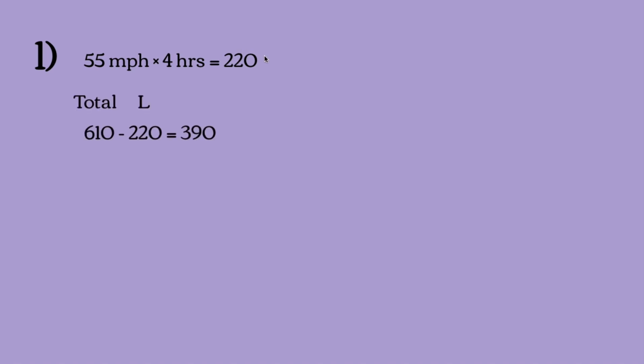So for the first part, it says that Loretta goes 55 miles per hour, and she drives for 4 hours. So we're going to multiply those two together, so 55 times 4, and we get 220. Next, we're going to take our total amount of miles, which is 610, and subtract that from the amount of miles that Loretta drives, to get the amount of miles that her dad has to drive.